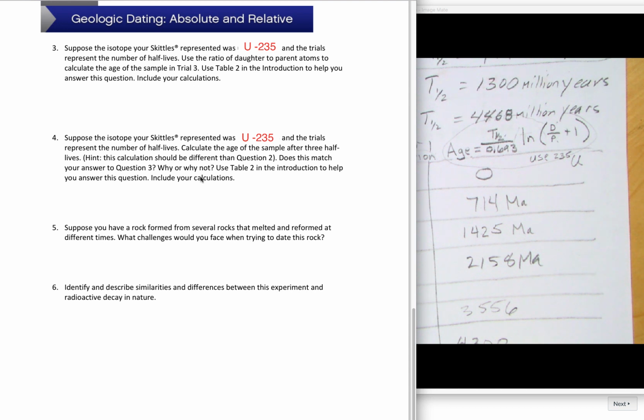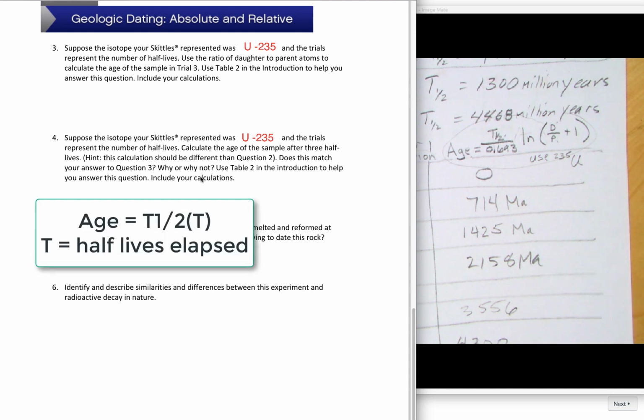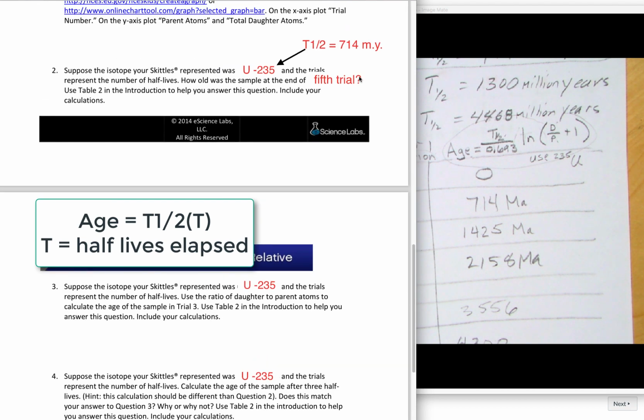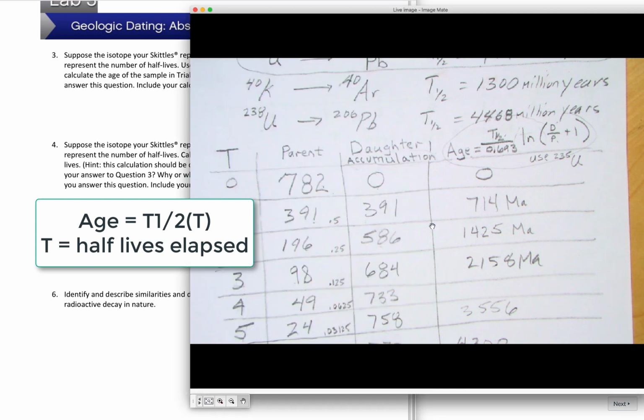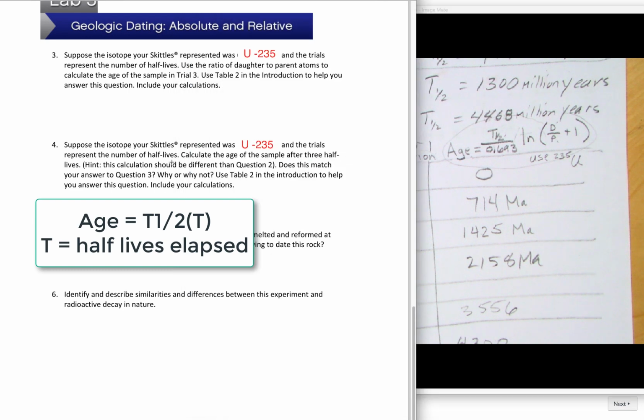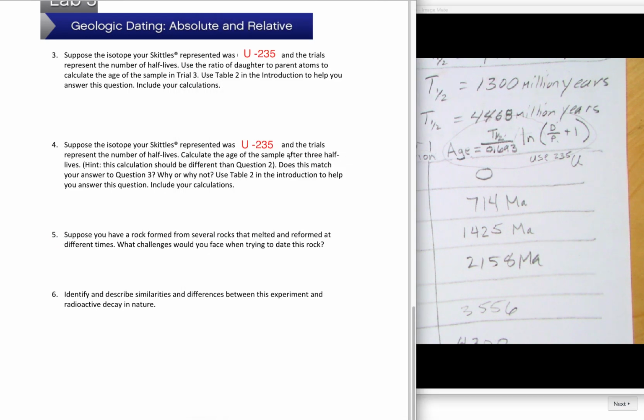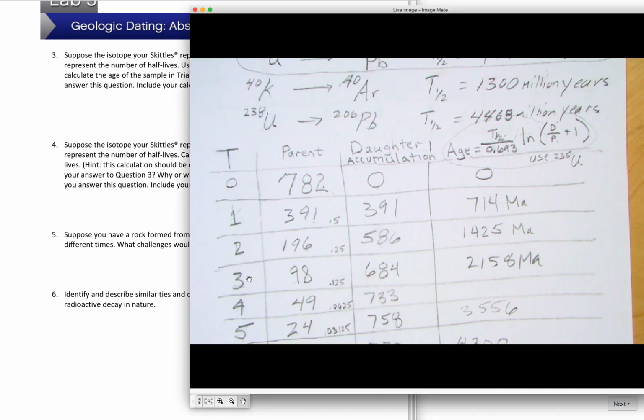For this one, I want you to use this age equation. The age of the sample would be half-life, which is 714, times the number of half-lives elapsed. In that case, it would basically be the trials. Was it 1, 2, 3, 4? In this case, they wanted to know after 3 half-lives, so after 3 trials, so it'd be 3 times 714.